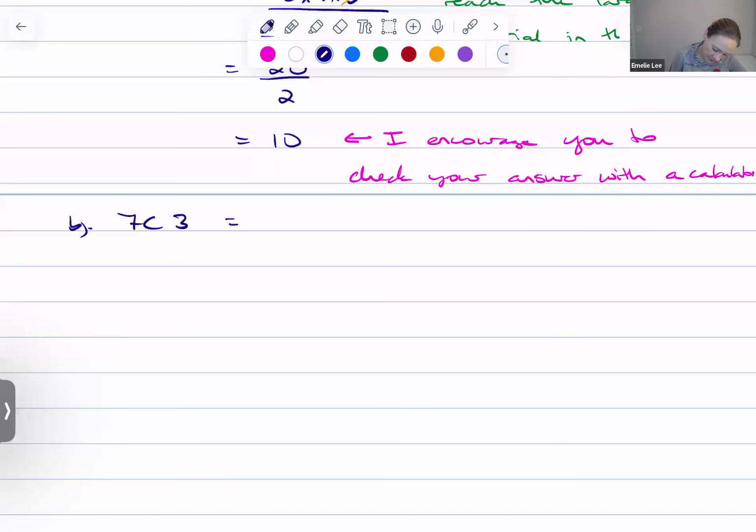Because it's on a new page, n factorial divided by n minus r factorial. 7 is my n and r is my 3. And so 7 factorial divided by 7 minus 3 factorial times 3 factorial.